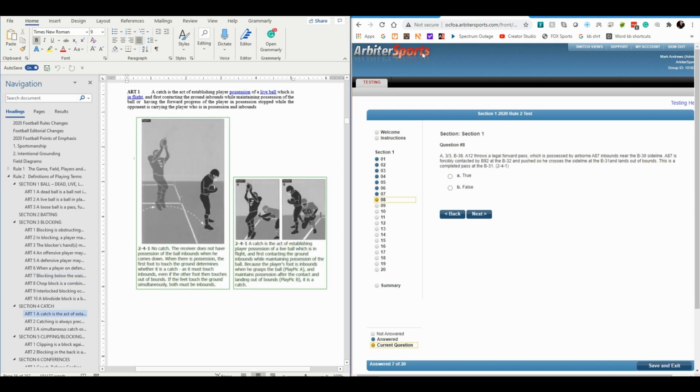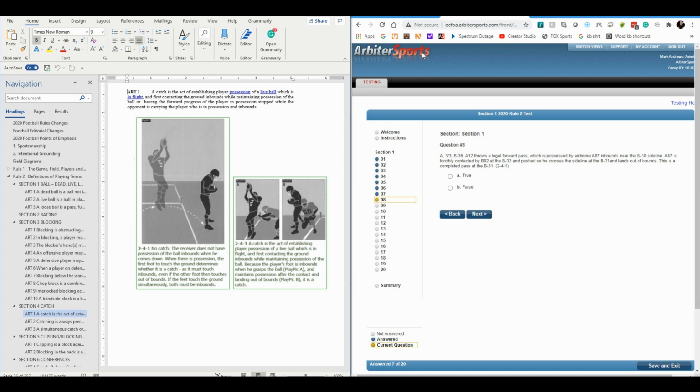Okay, question number 8. A 3rd and 3 at the B36. So A's going in. They're on the opponent's 36-yard line. A12 throws a legal forward pass, which is possessed, in other words, caught, by airborne A87. So he is not on the ground. He's in the air, right? Inbounds.